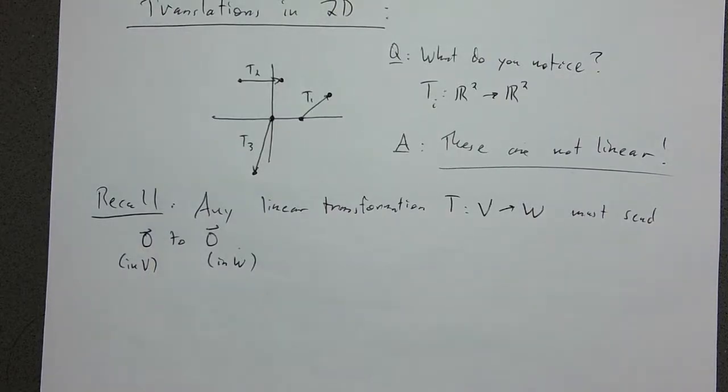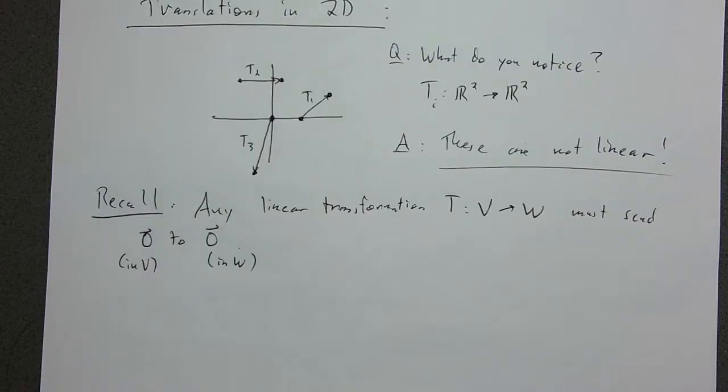In fact, this was one of the ways in Math 240 that you checked, it's not exhaustive, you couldn't just do this, but it was a quick check of whether or not a map was linear.